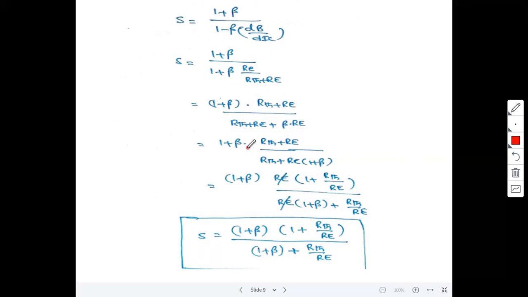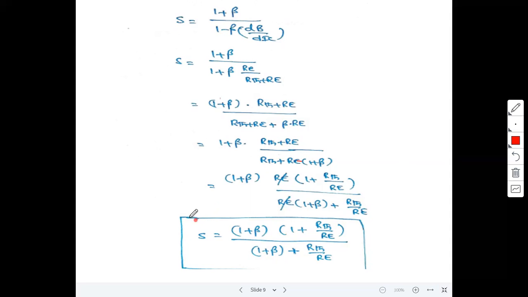Now further simplification: take RE common, so R Thevenin plus RE, this is RE into 1 plus beta. Again take common RE here: 1 plus R Thevenin by RE by RE into 1 plus beta plus R Thevenin by RE. Now RE gets cancelled here.